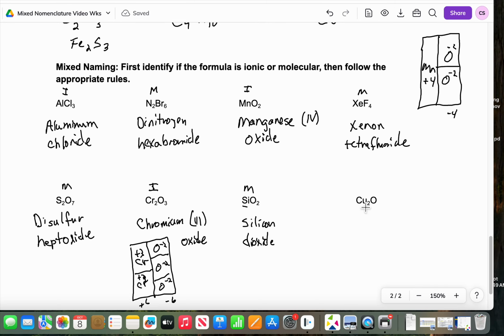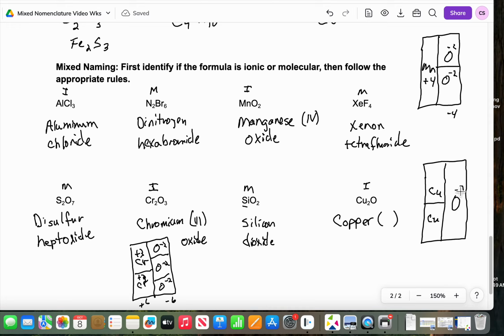And the last one is Cu2O. Well, this is an ionic compound. So you would write copper, and you would say, oh, copper needs a Roman numeral, so I've got to look that up. I'm going to draw my little chart here. This is one where people tend to get it wrong. It's kind of tricky, I guess. Anyway, you've got 2 coppers in the formula and 1 oxygen.